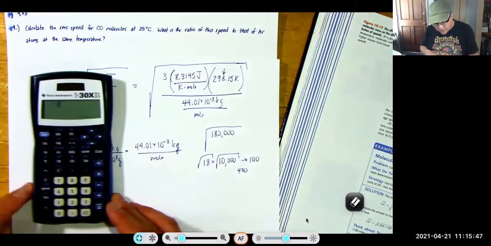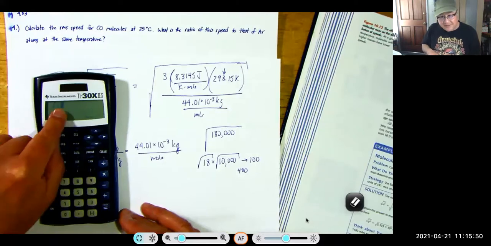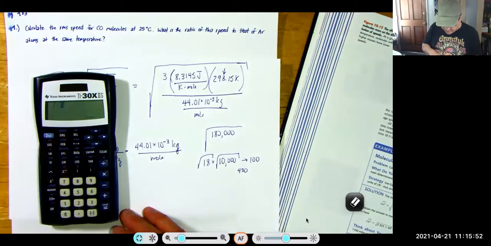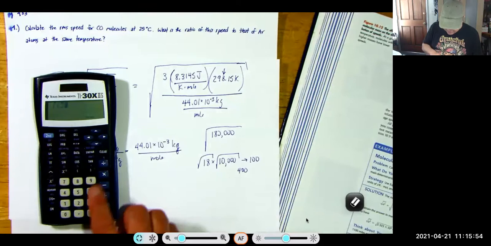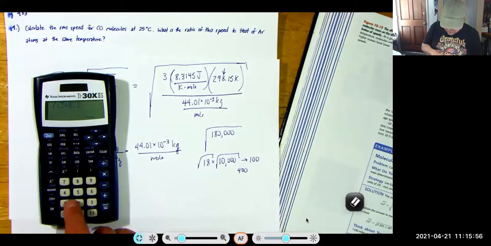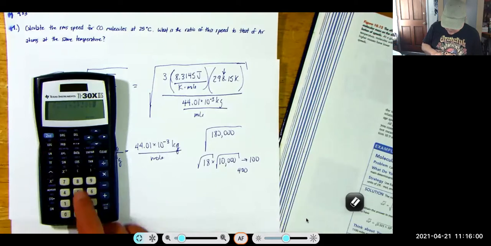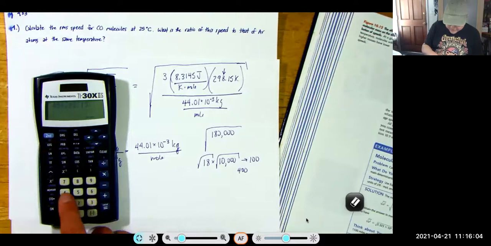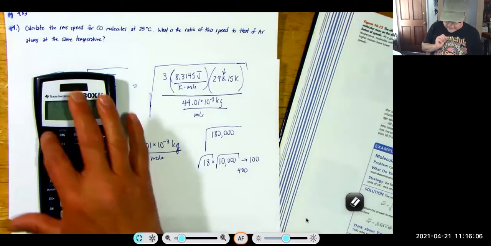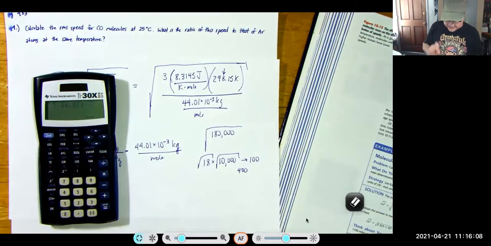I do the square root, and then it gives me the parentheses. And now I do 3 times 8.3145 times 298 times 0.15 divided by 44.01 second EE negative 3, end my parentheses, and done.